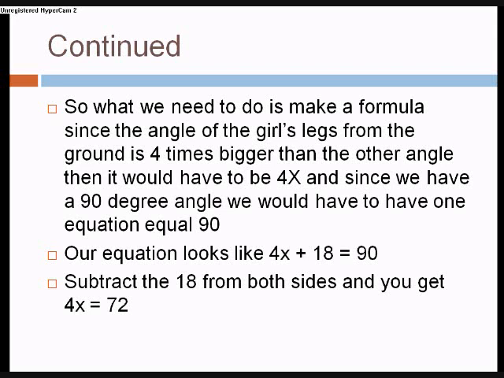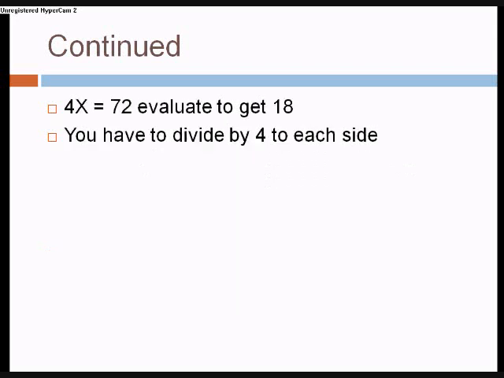Oh, sorry, I jumped the gun a little. So what we need to do is make a formula to solve this problem. You can never solve a problem unless you have a formula. And since the angle of the girl's legs from the ground is 4 times bigger than the other angle, then we have to have it be 4x.